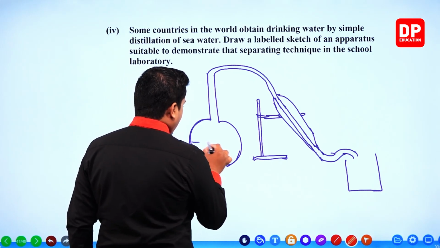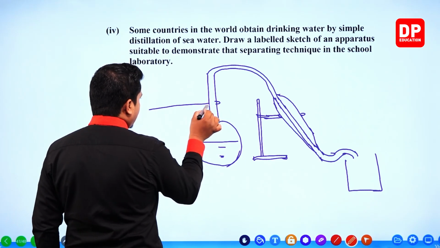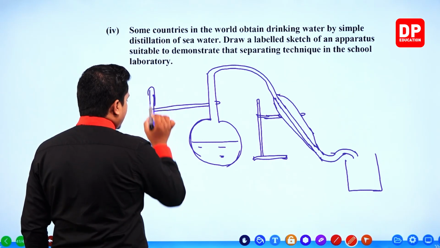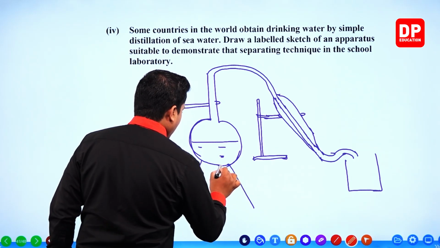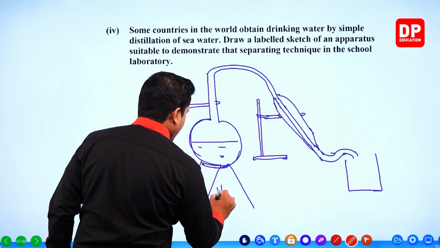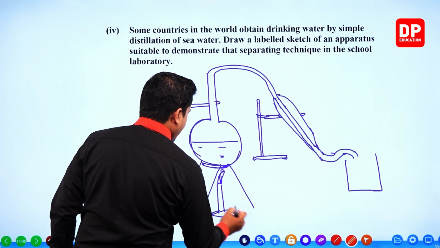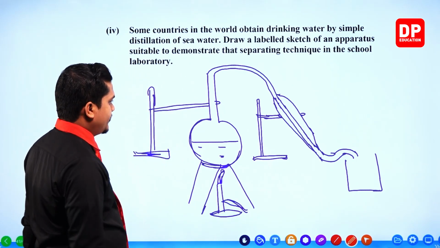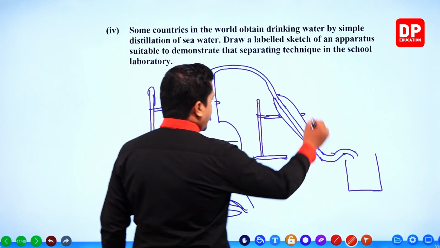You know that we need to heat the water. We'll be needing another stand here to keep it. Then to heat the system, we'll be needing a Bunsen flame like this. Okay. So when you are drawing a certain figure, it's important to name these.